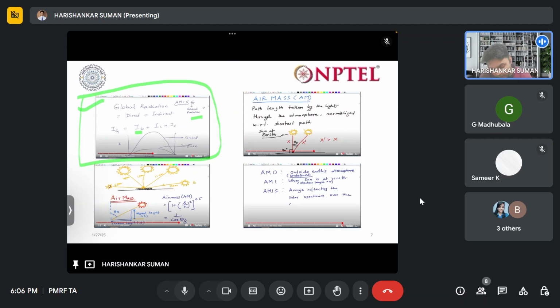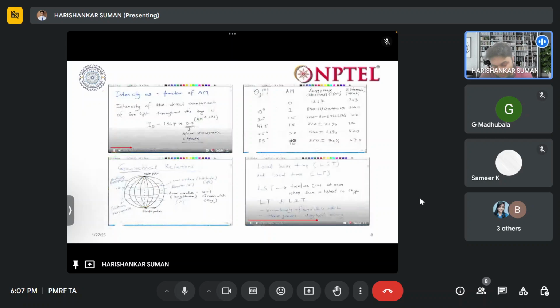But you can see in the picture the angle. The air mass coefficient equals the square root of 1 plus the shadow length divided by the height squared, which equals 1 upon cosine z. So these are the other concepts: intensity as a function of AM and the relation.